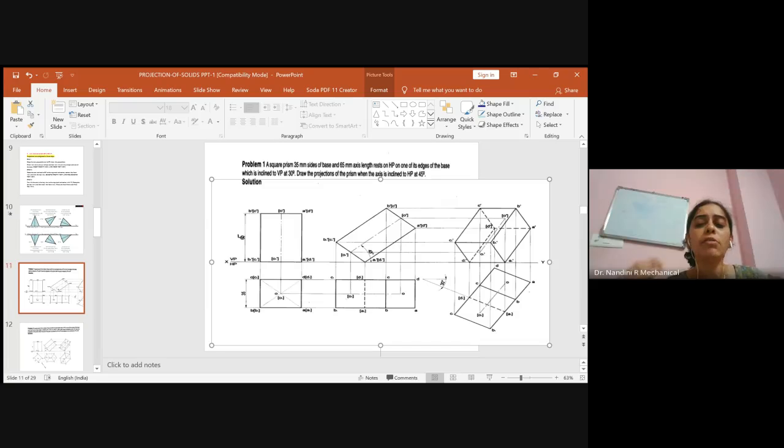Now the remaining part is which side of the top surface is visible and which side is not visible. Here, this is a top view and this is a front view. If the observer views from the top, always what happens, the top surface of the solid will be hidden. Right now, this is vertical. So in the vertical position, when the axis is perpendicular, you can see the entire top surface.